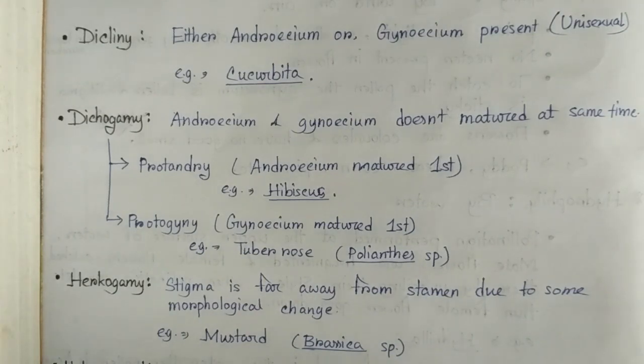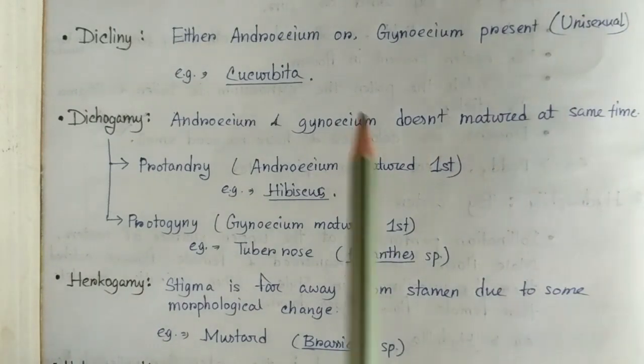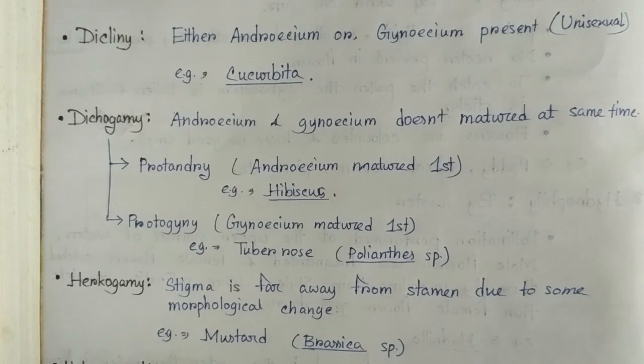Dicliny is nothing but unisexual plants, meaning either androecium is present or gynoecium is present. So self fertilization is not performed. Here only cross pollination or xenogamy is performed. Example, Cucurbita maxima.